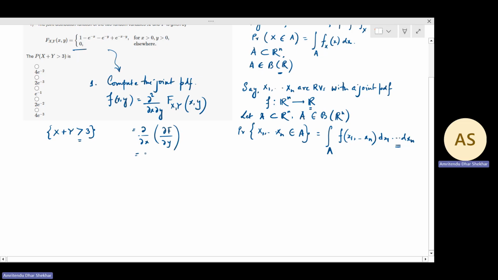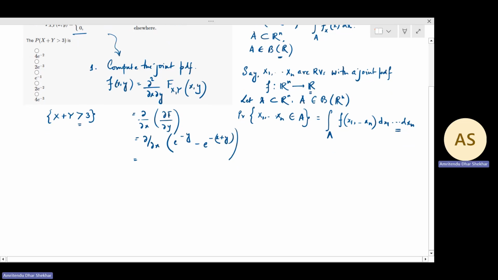So that is equal to del upon del x of, and that is equal to e to the power minus (x plus y).